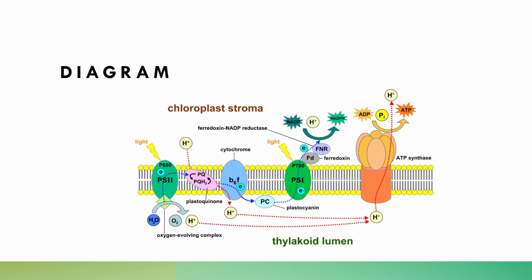And here's a more thorough diagram. As you can see, in the thylakoid membrane, on top we have the stroma, which is the space inside the chloroplast, and underneath is the thylakoid lumen, which is the space inside the thylakoid. Light hits photosystem 2, causing the electron to move through the chain, and water is broken down into O2 and a proton.